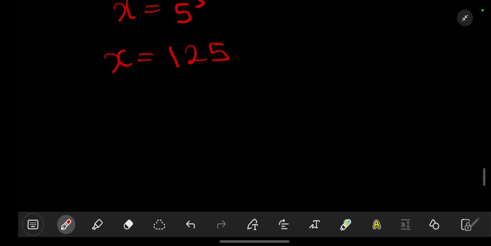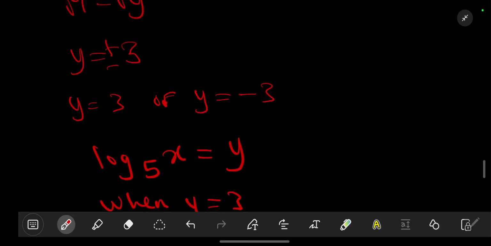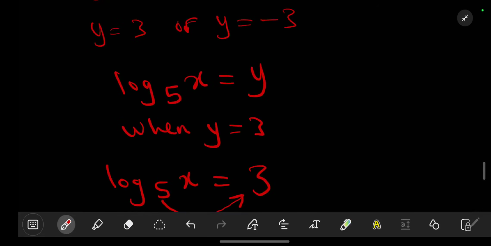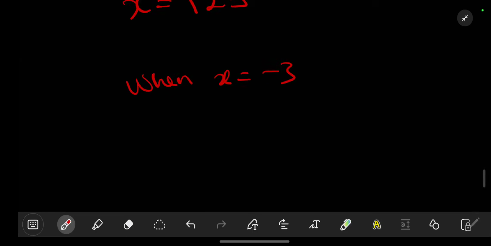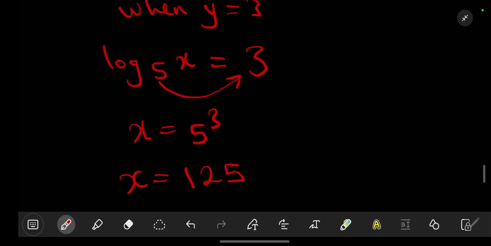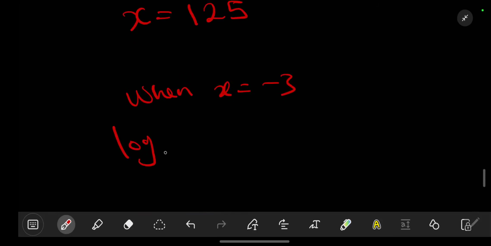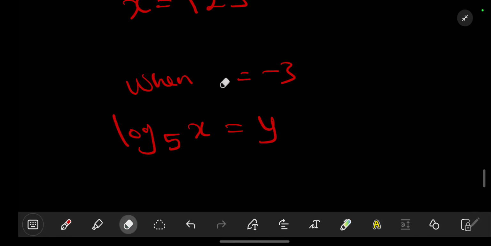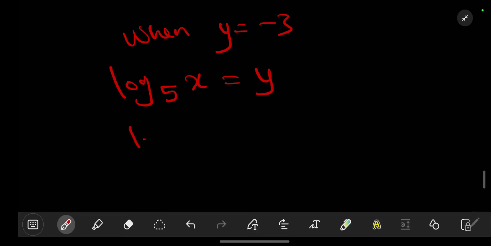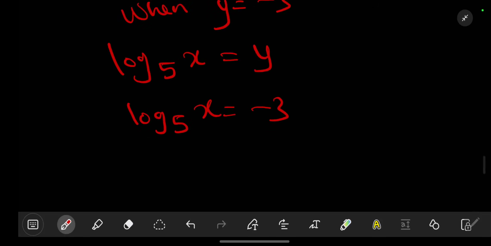125. The other thing is, for this other one, when y is equal to negative 3, we know that the log of x base 5 should be equal to y. So we have the log base 5 of x is equal to negative 3.